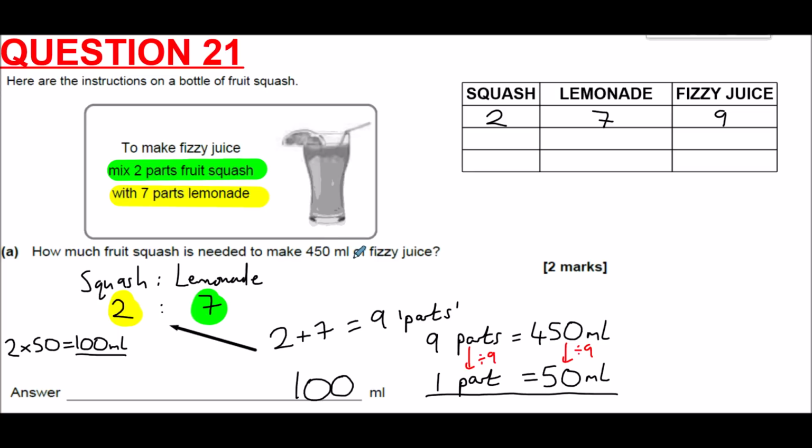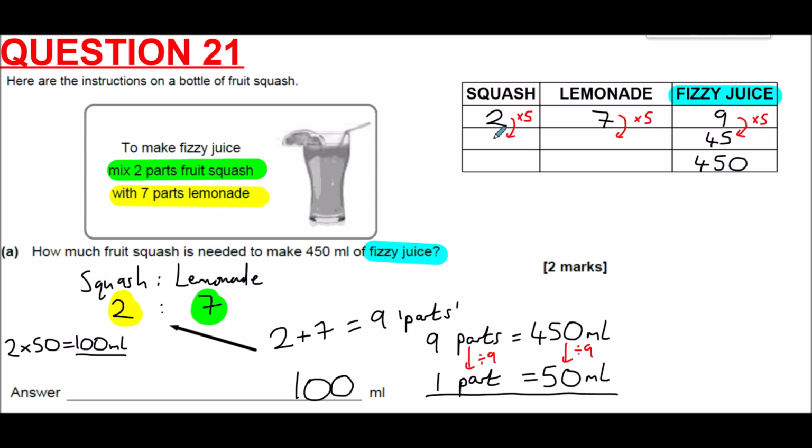Now we want to have 450 mils of fizzy juice. And so we want to build up the fizzy juice from 9 as it is now up to 450 mils. That's what we want. And so we can get from 9 to 45, for example, by multiplying 9 by 5. But if we multiply the 9 by 5, we need to do the same to the other parts as well to keep the balance correct.